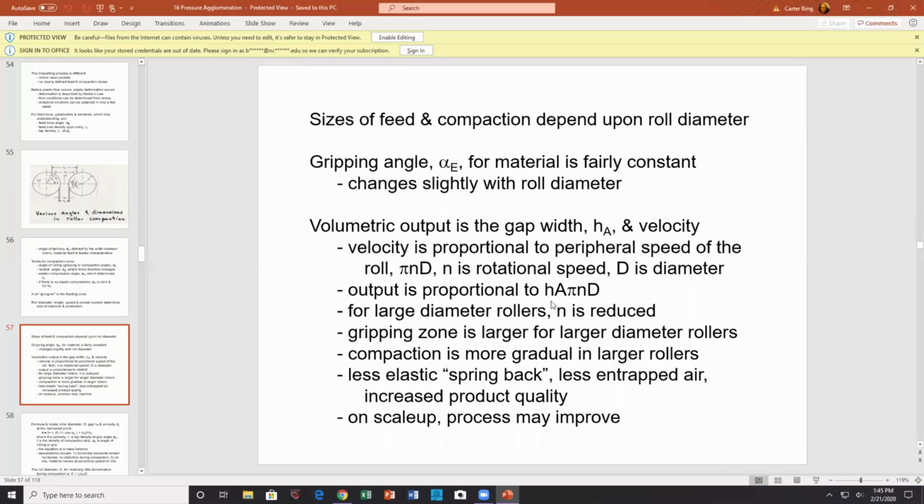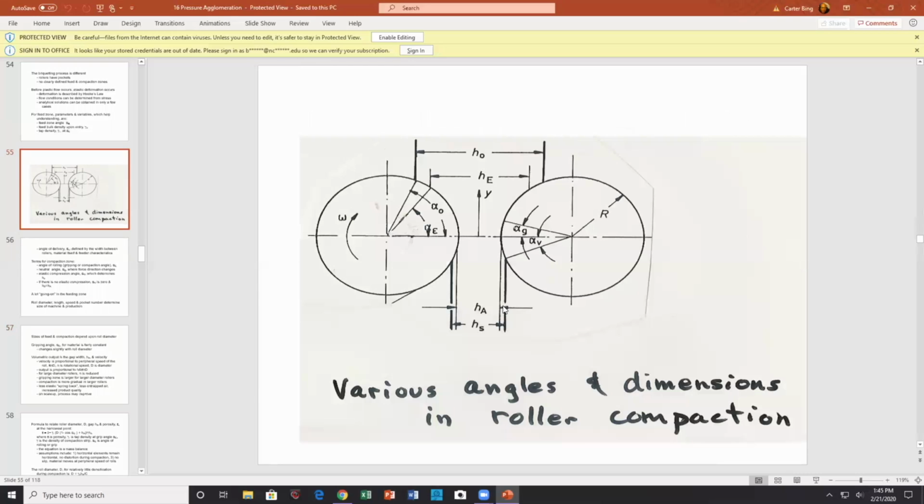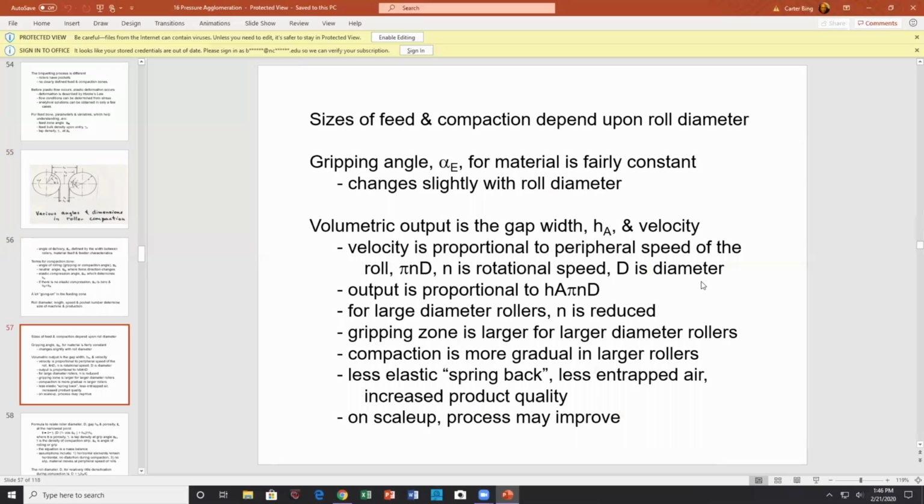This H, I figure out what that H is. If I go back here, here is H. And A is probably the length. So the H is the width of this, right? So it's HA, and it might have to be a subscript. This could be possibly H subscript A pi ND squared.